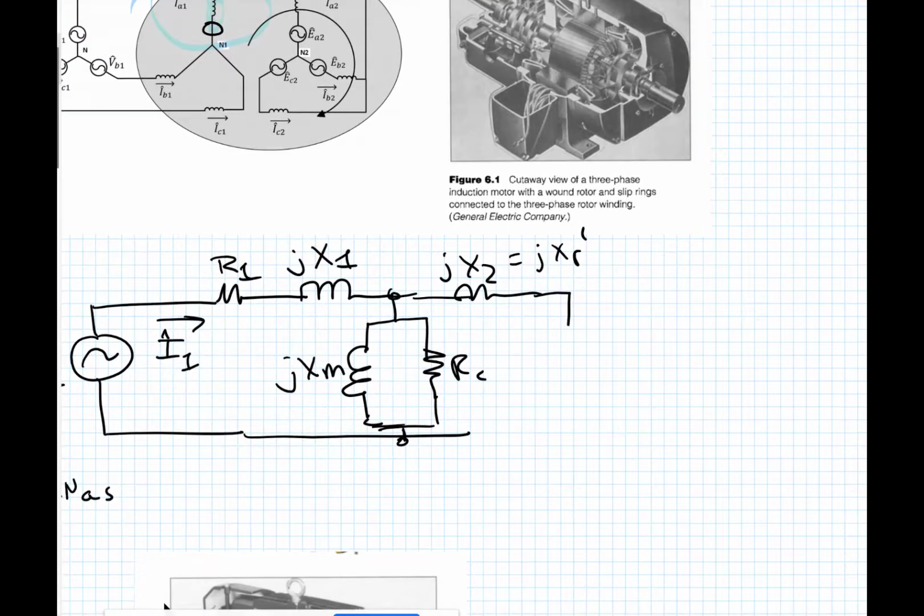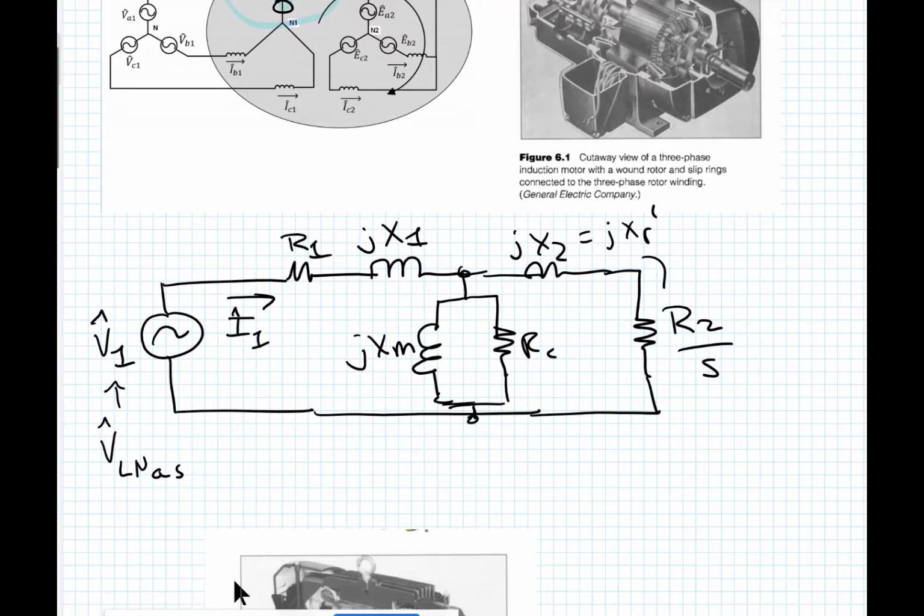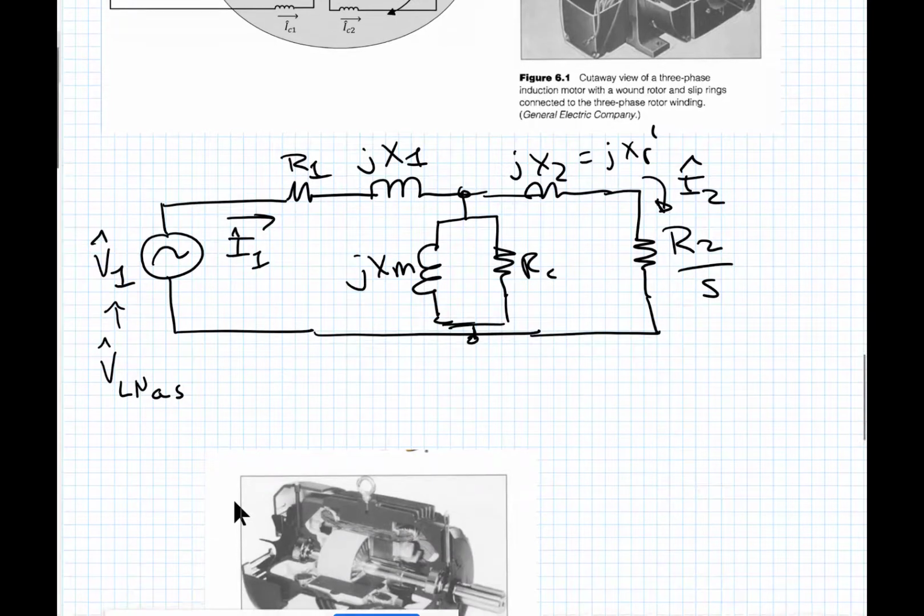And then I have another resistance here, which I'm going to call R2, and it gets divided by S. And there's a current here, which is the rotor current referred to the primary side, which I'm going to call I2.